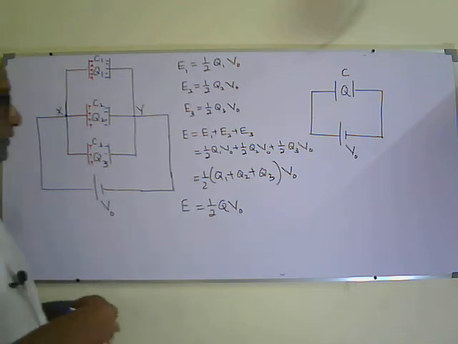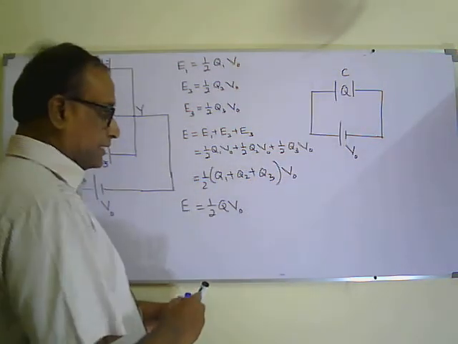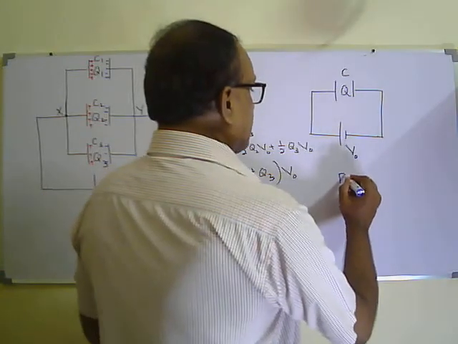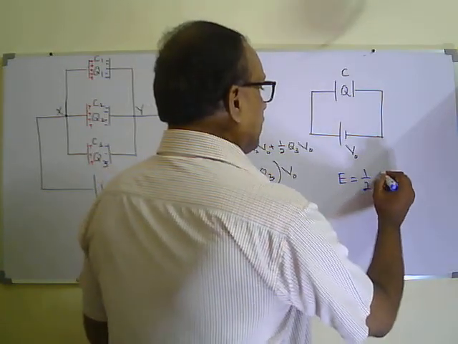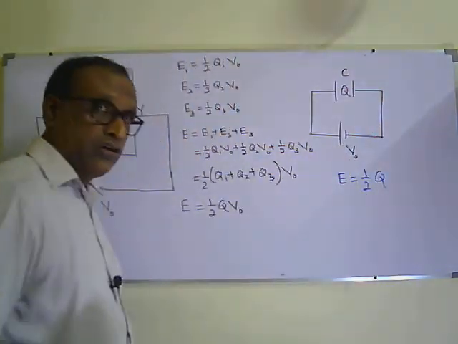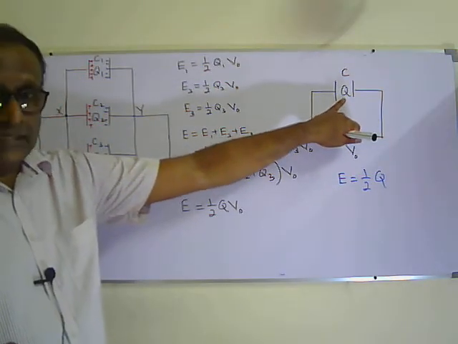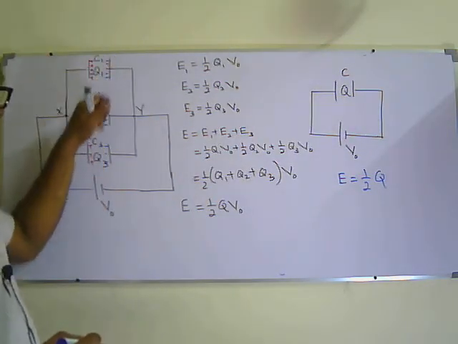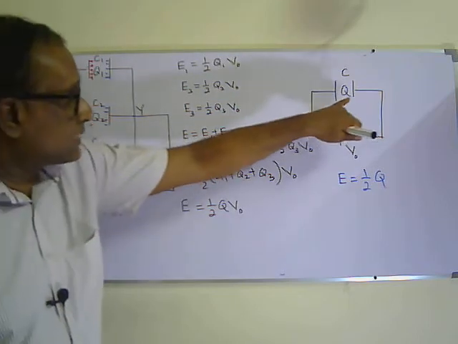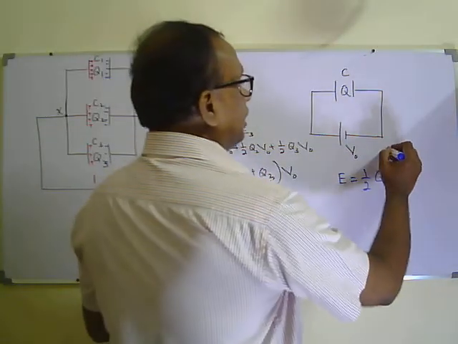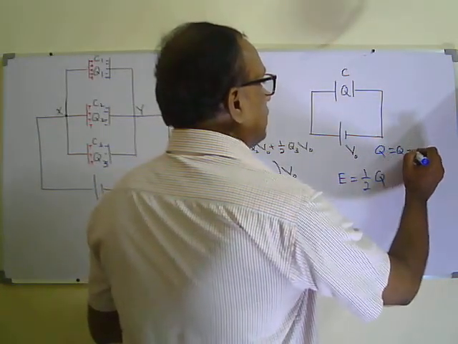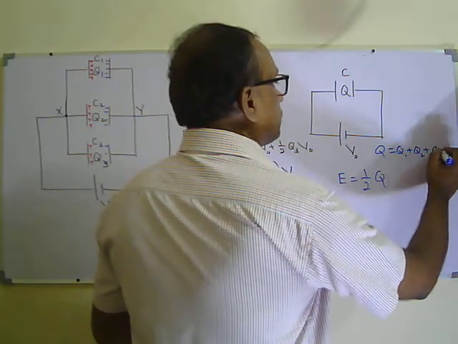When I think about the equivalent capacitor, its energy is equal to half Q V naught. I already defined the meaning of Q for the equivalent capacitor. That is the sum of the charges here, so that will be Q1 plus Q2 plus Q3. This Q is equal to Q1 plus Q2 plus Q3.